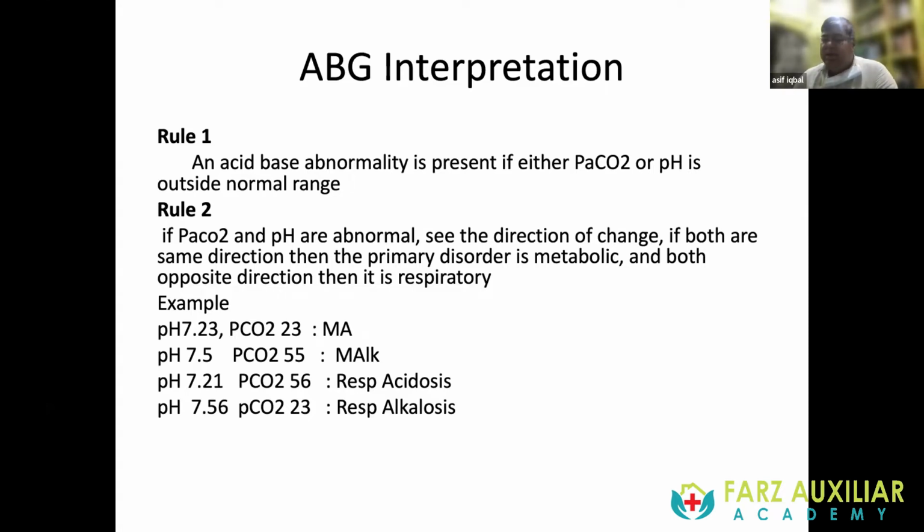In my respiratory ICU, most of the COPD patients come with an acute on chronic problem. So you have to see the bicarbonate level and the PaCO2 level, and you will understand whether it is acute on chronic, or a chronic problem, or an acute problem.